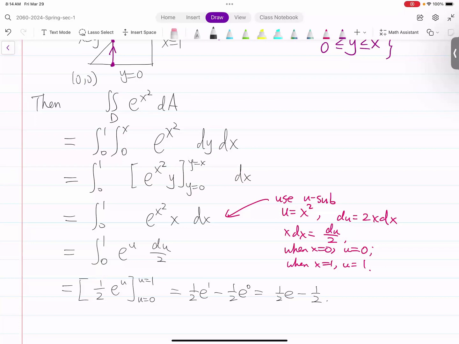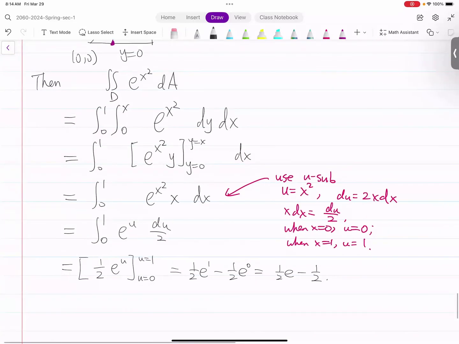Okay, so a quick remark: we can see clearly that the order of integration could be important. Remark: order of integration may be important.